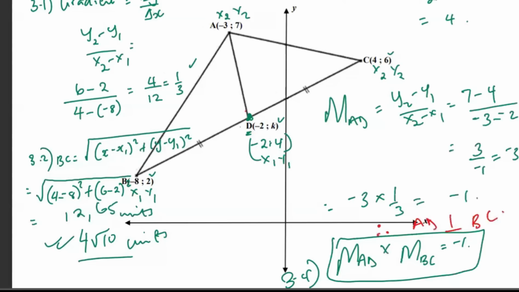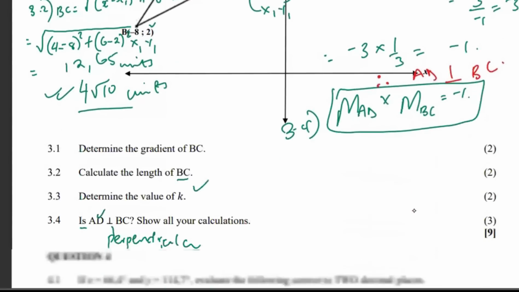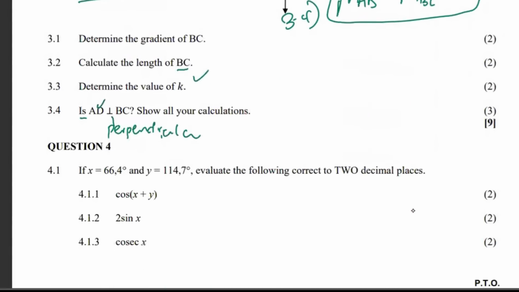Now, if the question was asking about parallel lines, remember for parallel lines we must get equal gradients. The gradients have to be equal if the lines are parallel. Okay, so let's keep that in mind. For parallel lines, gradients are the same.